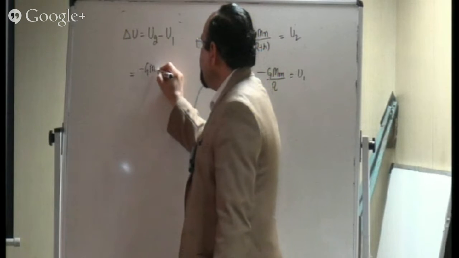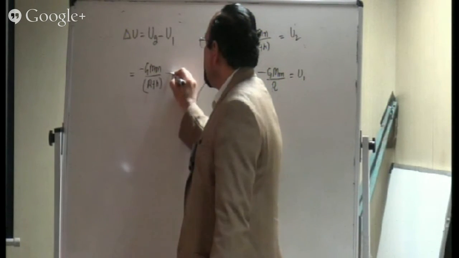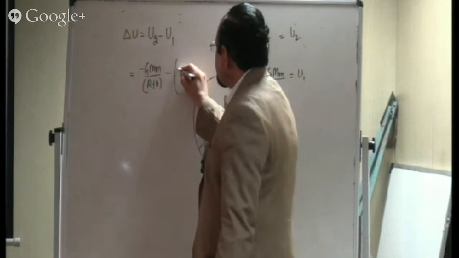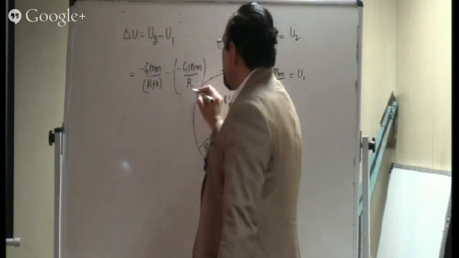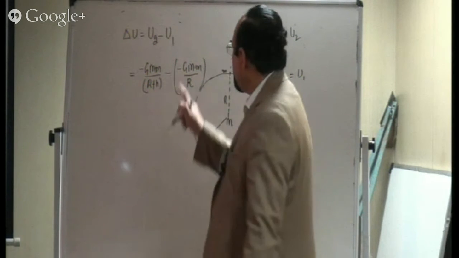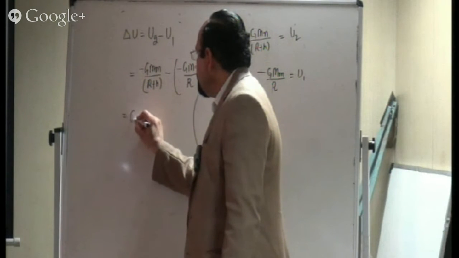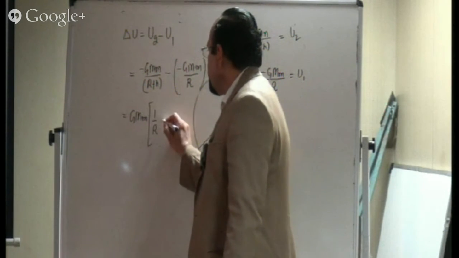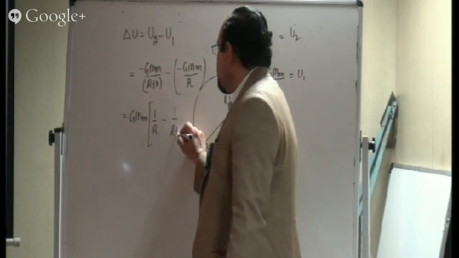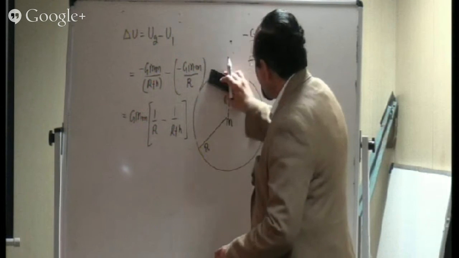Minus GM by (r plus h) minus of minus GM upon r. Agreed? This minus and minus will make it positive. I'm taking GM out: 1 by r minus 1 by (r plus h). Okay?